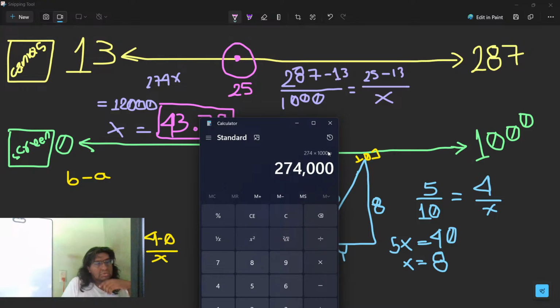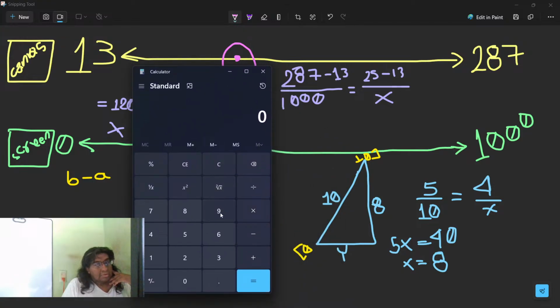So the number will be like 274, 200, 280 minus 13 times 1000. This is so wrong.